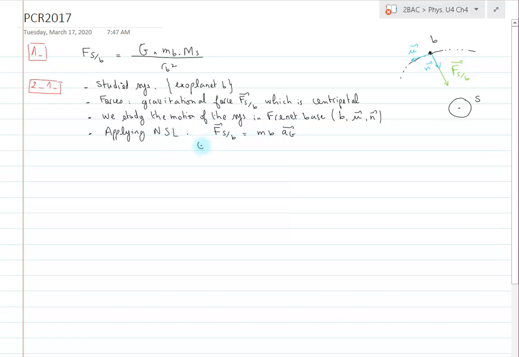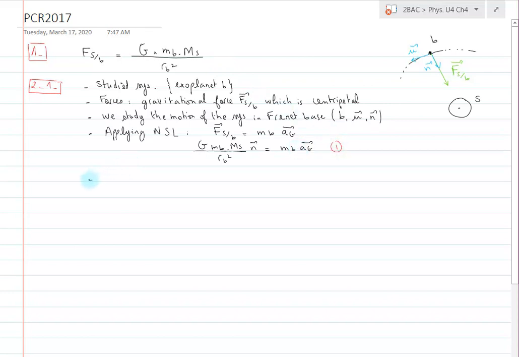It gives us G m_B m_S over r_B squared, which is equal to m_B times a. This force is along the vector n. We are going to name this equation 1.